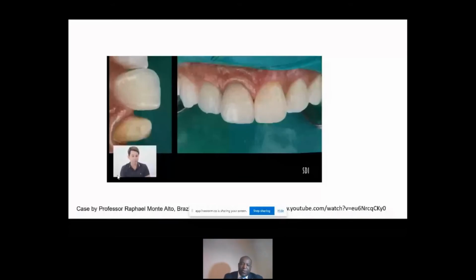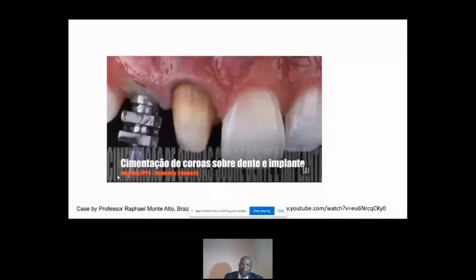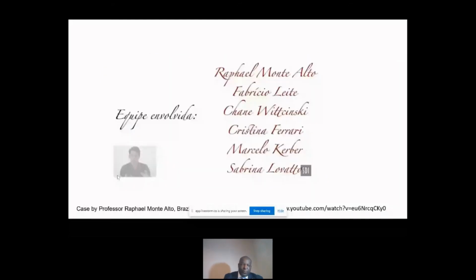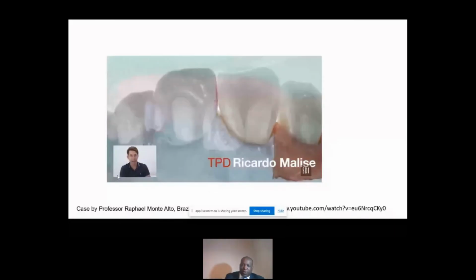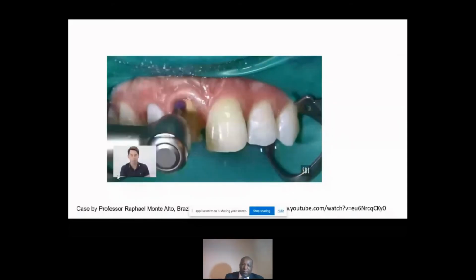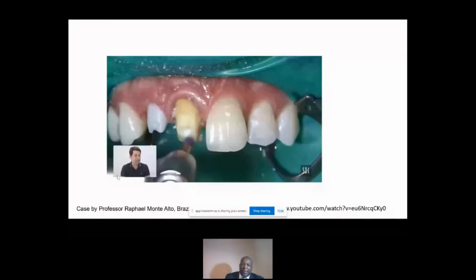So rubber dam was used. Again, checking the restorations on the crown. Again, the tooth is thoroughly cleaned. The upper right central is thoroughly cleaned with pumice.